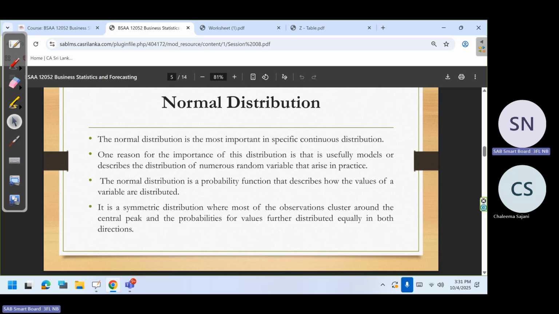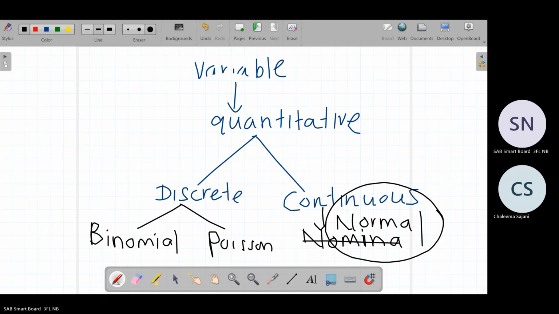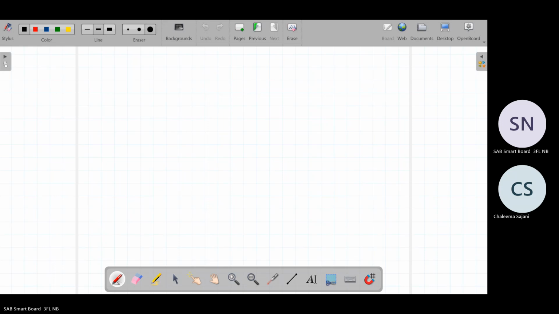Understood? It is a symmetric distribution where most of the observations cluster around the central peak, and the probability values are distributed equally in both directions. In the normal distribution the shape is like this.